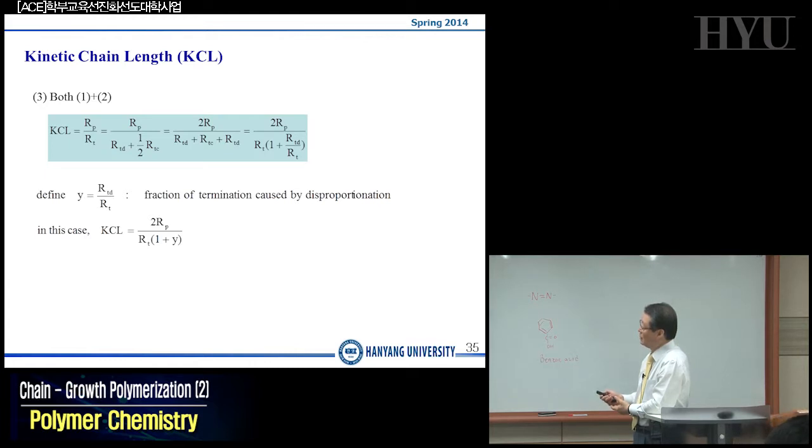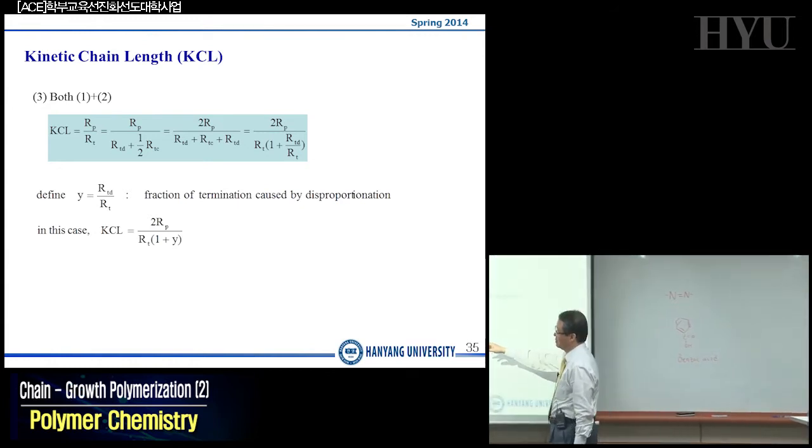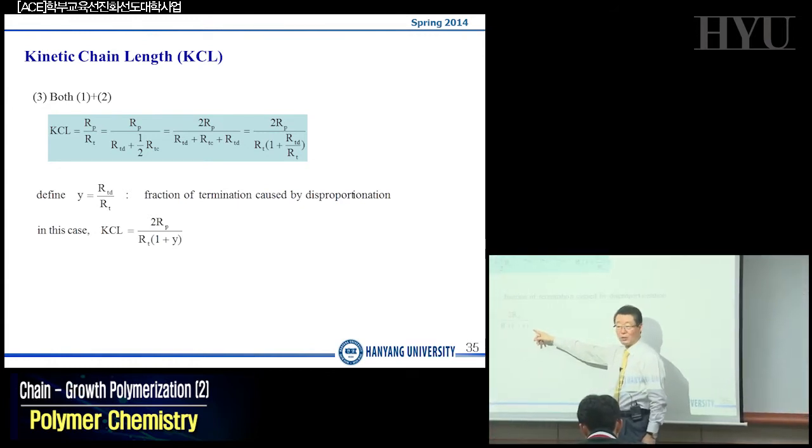And Rtd divided by Rt here could be defined as the fraction of disproportionation in your termination reactions. And this is described as Y here.